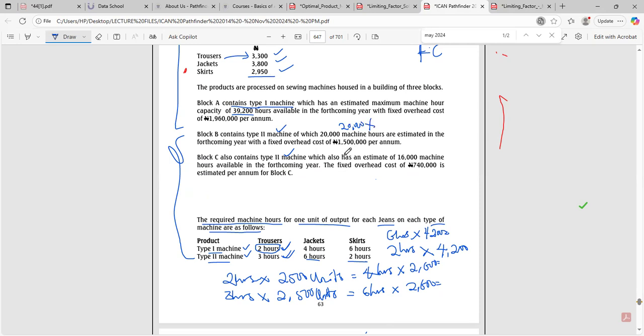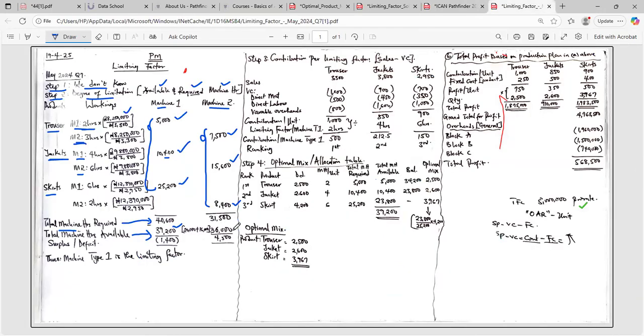plus 60,000 — that'll give us how much, please? Yeah, 36,000. So that's the 36,000 you saw here. Look at the workings here. If we require 40,600 hours for machine type 1 and we only have 39,200, it is not enough.